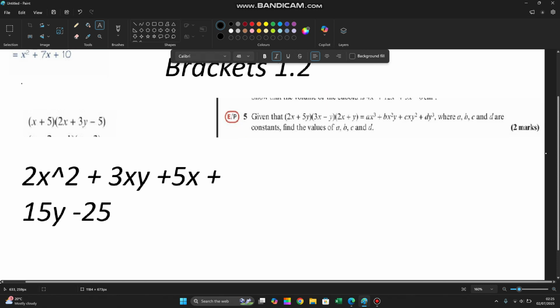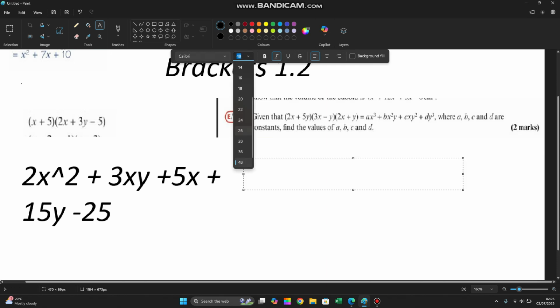Now the trick here is to always times the first bracket by the second bracket, and then times whatever you get by the third bracket. So I'm just going to make the text a bit shorter. So we do the same again, first part of the first bracket by the first part of the second bracket. 2x times 3x we get 6x squared.